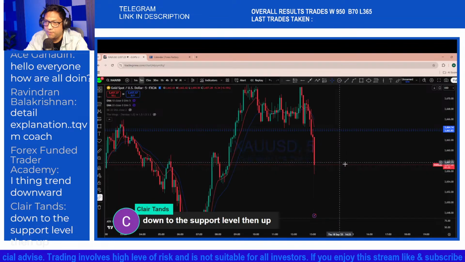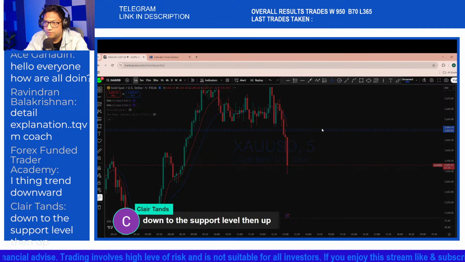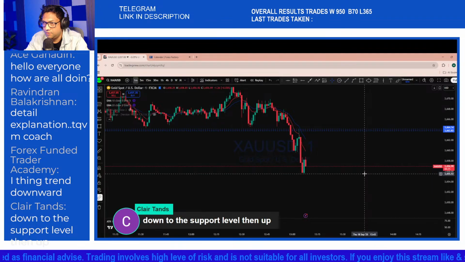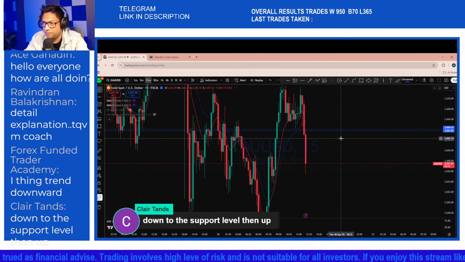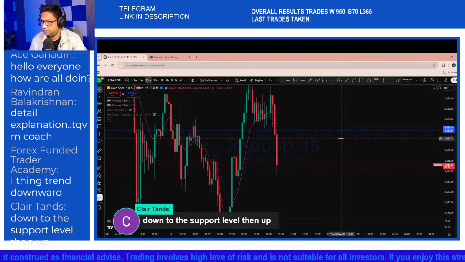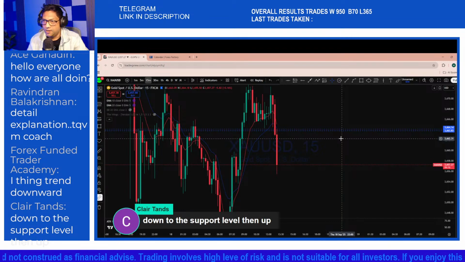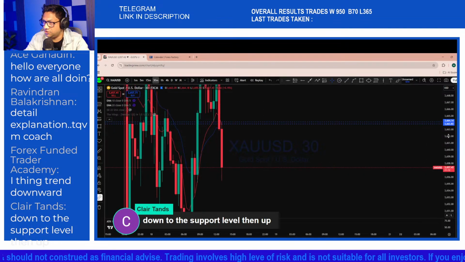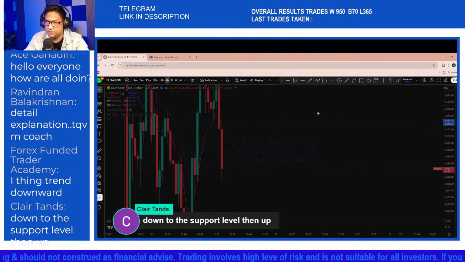Now candle close coming. Looking for entry at this level here at the moment, 3363 sell entry.